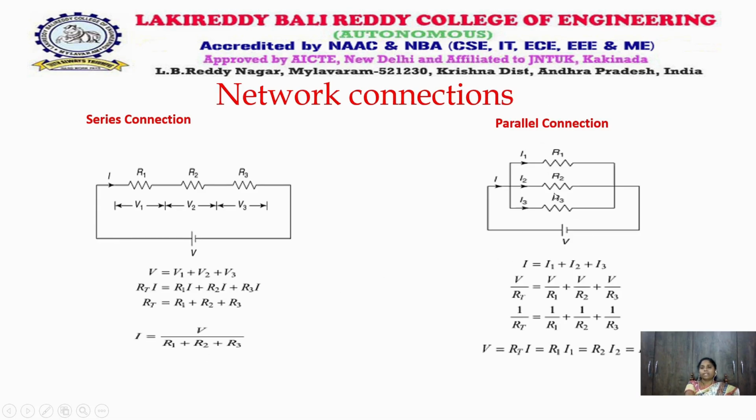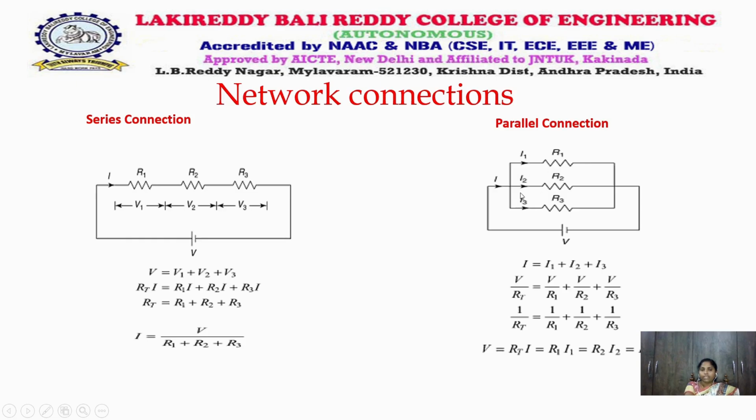Coming to the parallel connection: in the series connection, the current through all the elements is the same, but in the parallel connection, the voltage across all the elements is the same, and the current entering at this node divides between each and every branch.